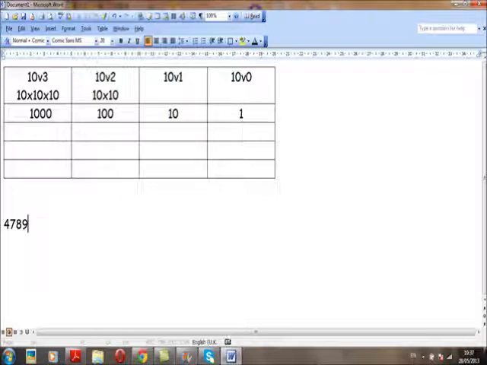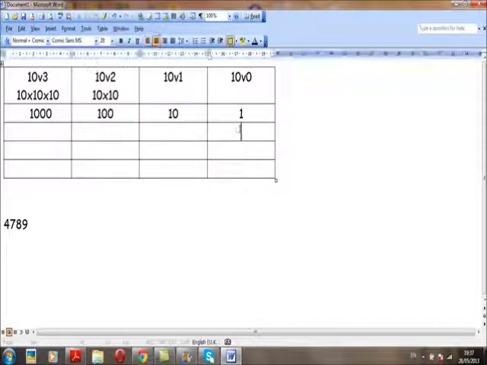That's our number, and let's analyze it. The first statement, I've got 9 ones. The next one, I've got 8 tens, 7 hundreds, and 4 thousands.